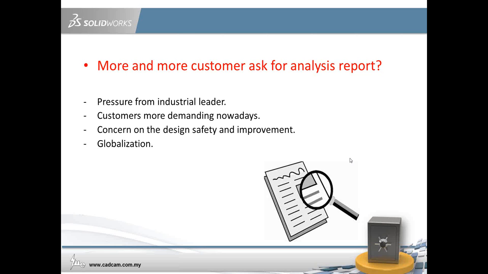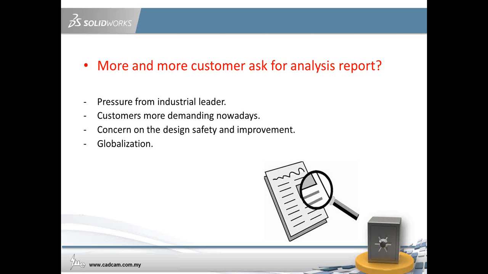First of all, more and more customers ask for analysis reports. I understand the key players in Malaysia are Proton, Perodua, and then we have Japanese companies like Toyota, Honda, and even Nissan Tanjong. They are our main customers in this region. And of course, most of you have the same issue, that we have pressure from these industry leaders, where they started to ask for analysis reports.